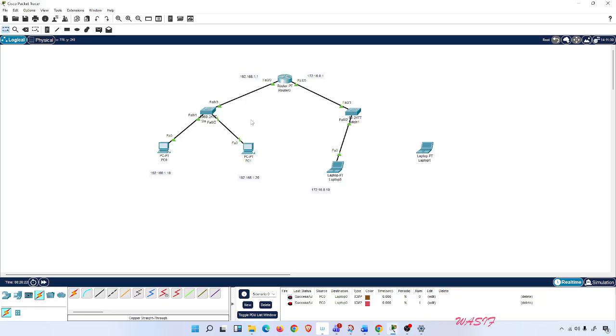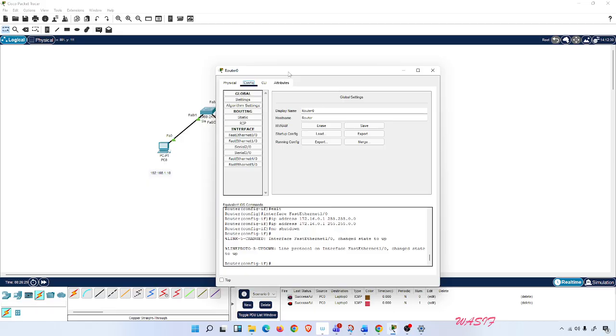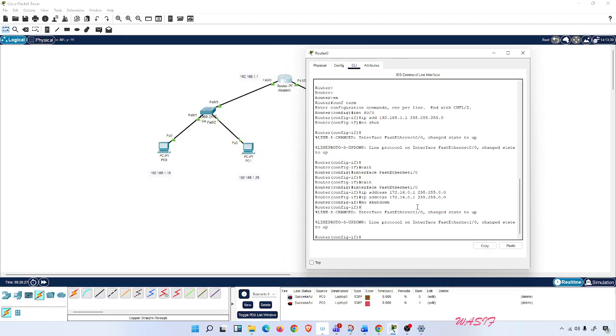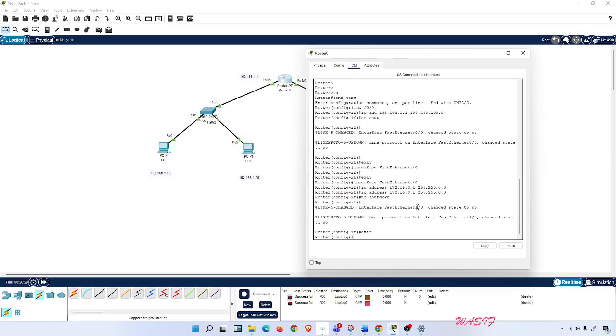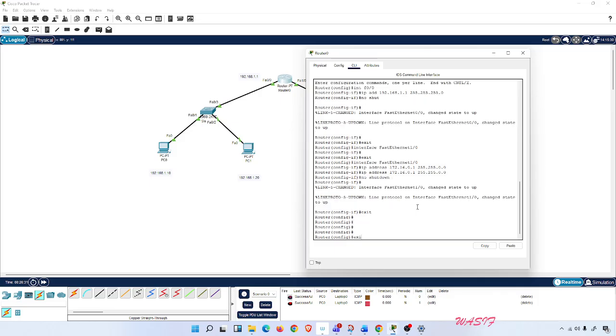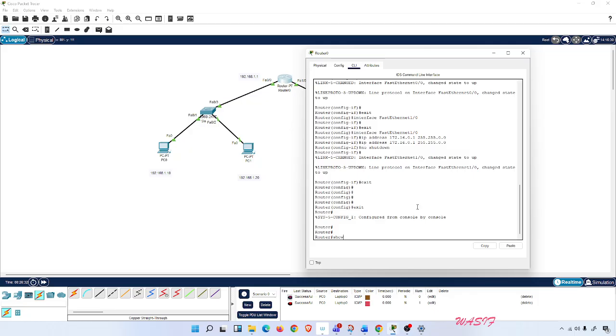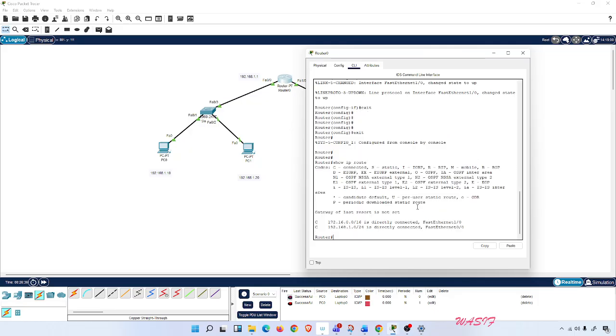Now if you look at here, come to the CLI, do exit and do exit, do show ip route. Look at here, this is a routing table, and if you look at here, this network is directly connected to this interface.